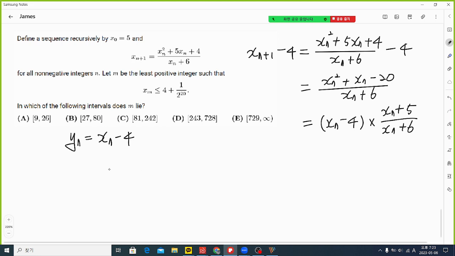So we can change this equation in terms of y. So the left side is yn plus 1, and the right side is yn times yn plus 9 on the numerator.